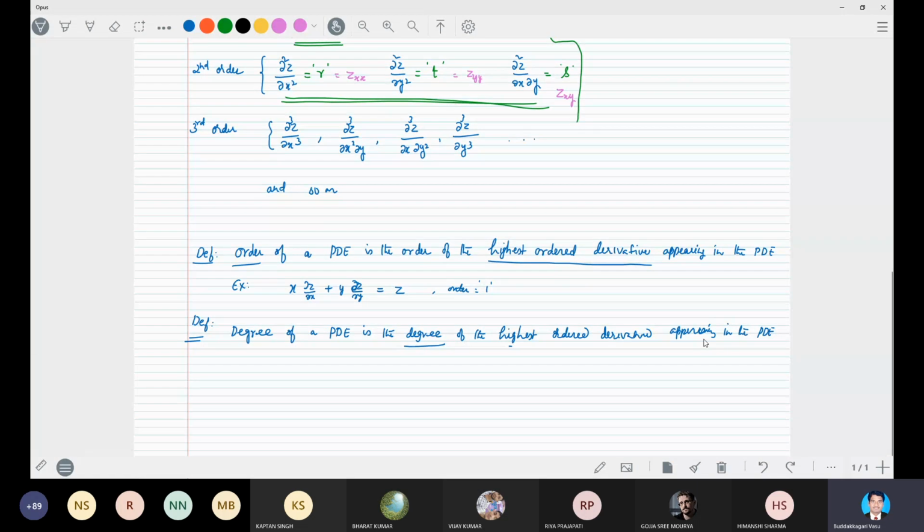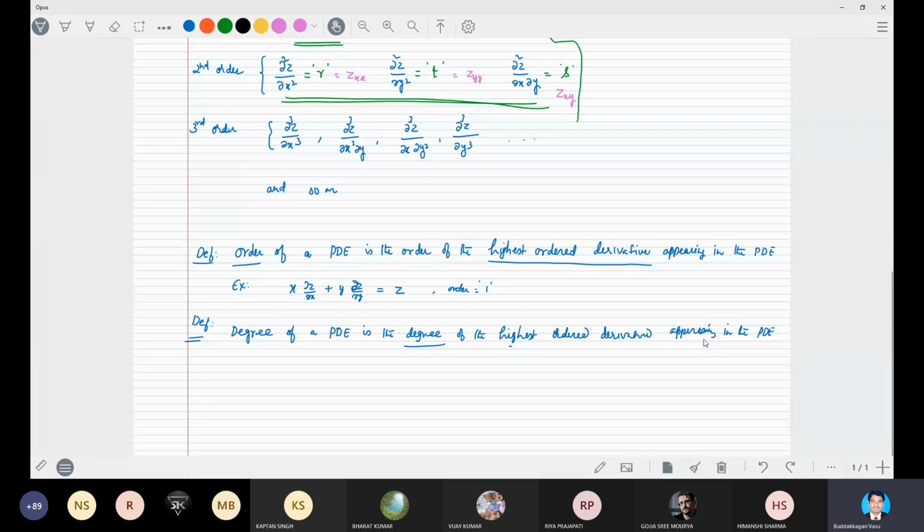There may be several orders of derivatives appearing in the PDE, wherein the highest order derivative, its degree is called the degree of the differential equation.